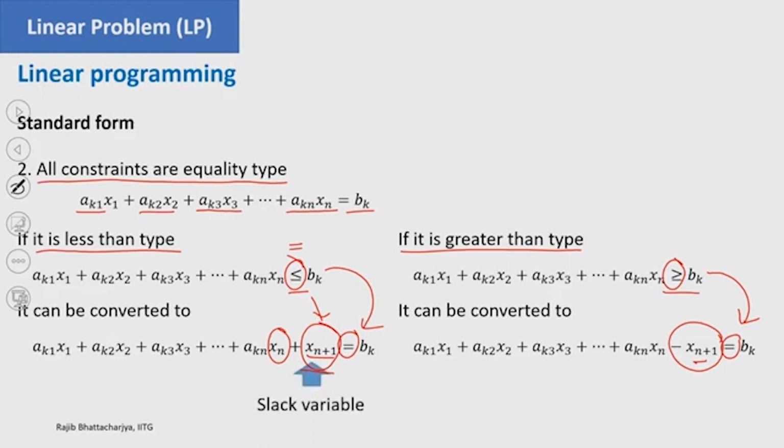When you are adding a variable, this variable is known as a slack variable, and when you are subtracting a variable, it is known as a surplus variable.